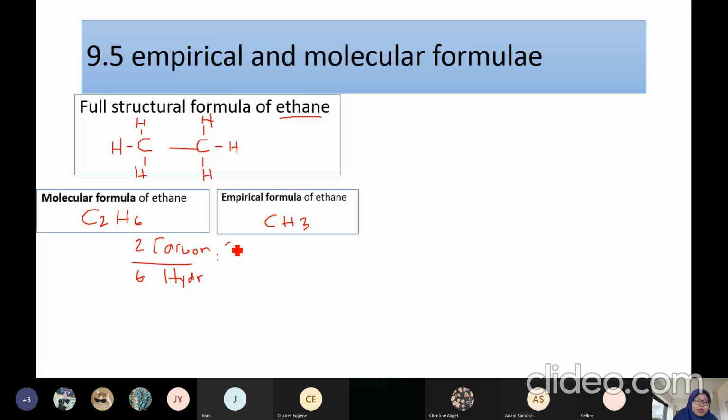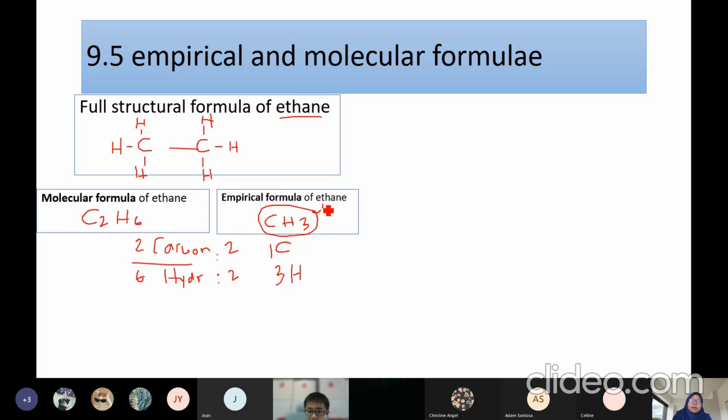I make it simple by dividing by 2. Divided by 2 also. It only consists of 1 carbon and 6 divided by 2, 3 hydrogens. I can write it as CH3.